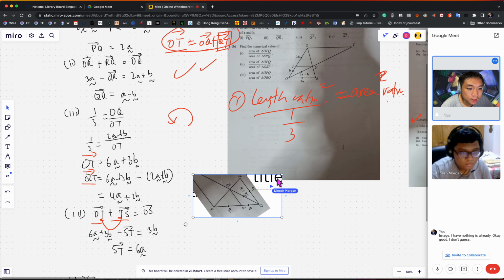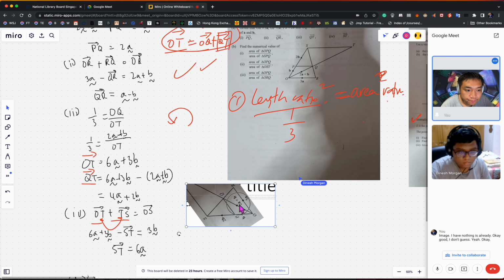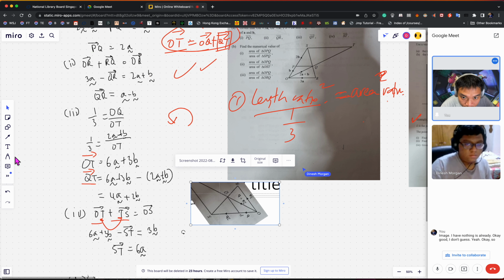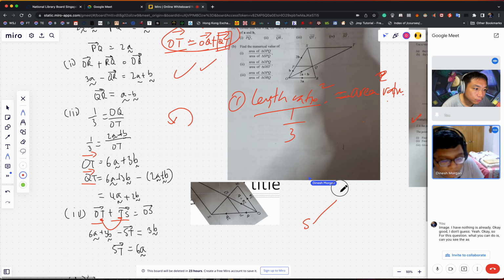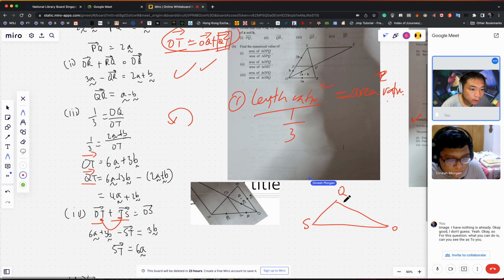Here. Okay, so for this question, what you can do is, can you see the S, Q, O? SQO, yeah. And then this is your P, right? Yes.